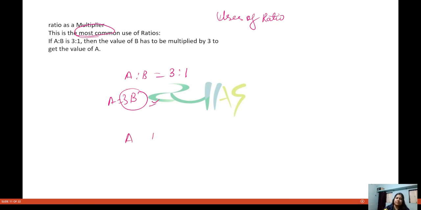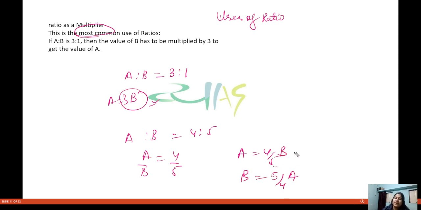If a is to b is equal to 4 is to 5, then basically what does it mean? That a is equal to 4 by 5 times b, or b is equal to 5 by 4 times a. So basically ratio is a kind of multiplier, or ratio is a kind of percentage as well.